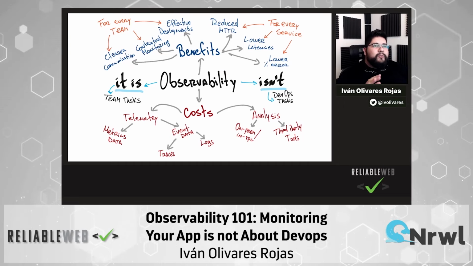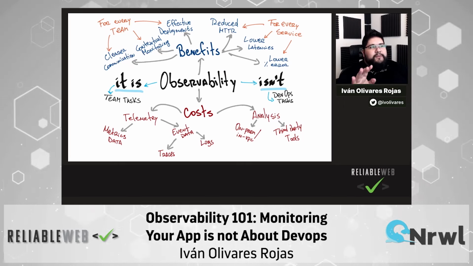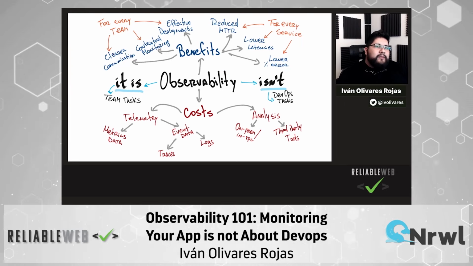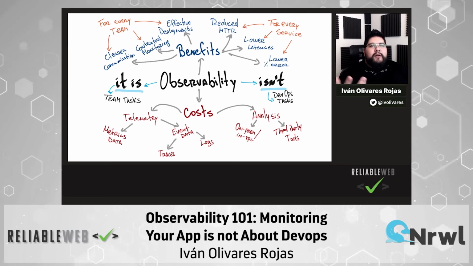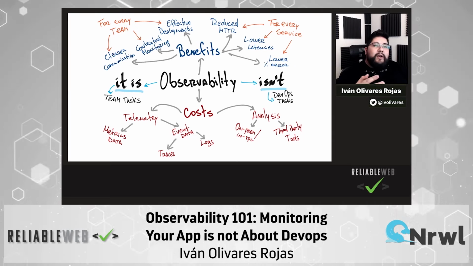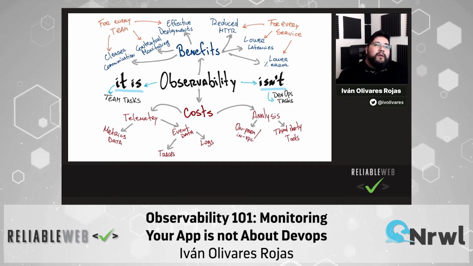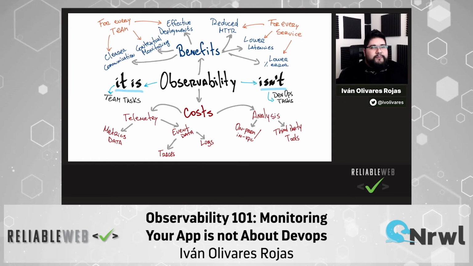So, to summarize, observability has different benefits. For each team, clearer communication, more effective deployments, contextual monitoring. And for each service, reducing the MTTR, latency, and error rates.